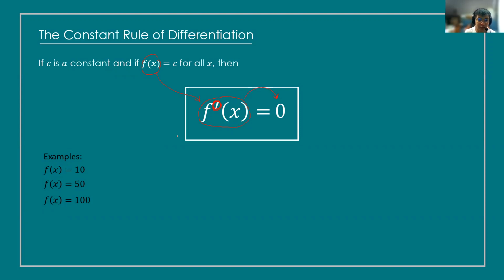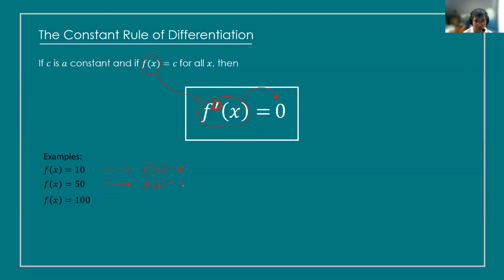Okay, so regardless of the big number, if you take the derivative of 10, this one is equal to zero. So all constants will give us a derivative of zero. So again, take note of how I place my answer. It's f of x prime. So you write f of x and then you write the prime after f.